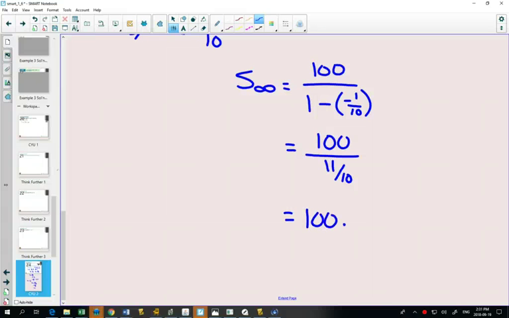If I multiply by the reciprocal, I get 1,000 over 11. Which simplifies to 90.90.